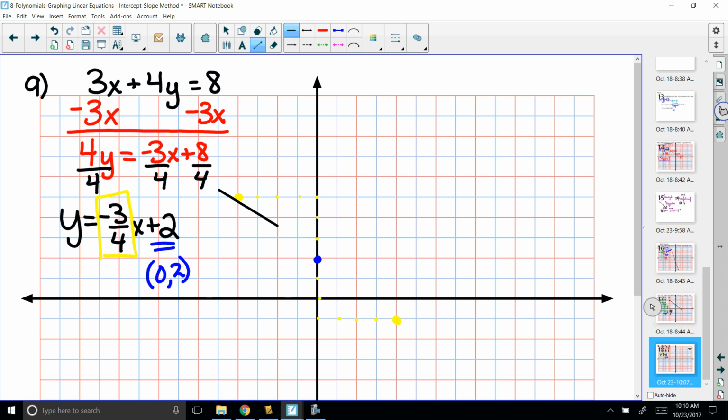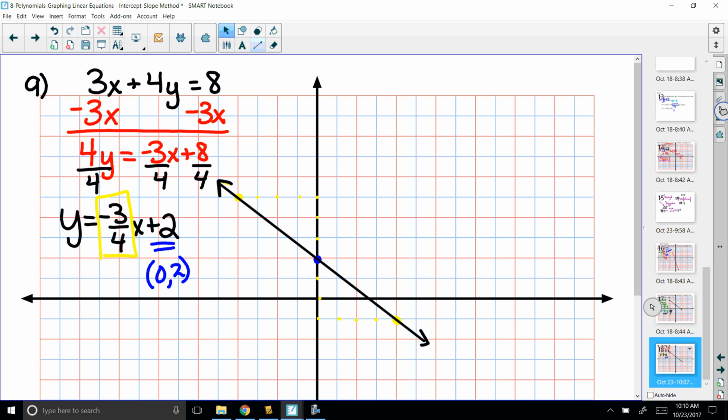Connect the points. Please make sure you put the arrow tips on the top of them because it is a line. It is a line, so it does continue on in that direction. Man, I just don't have a very good line. There you go.